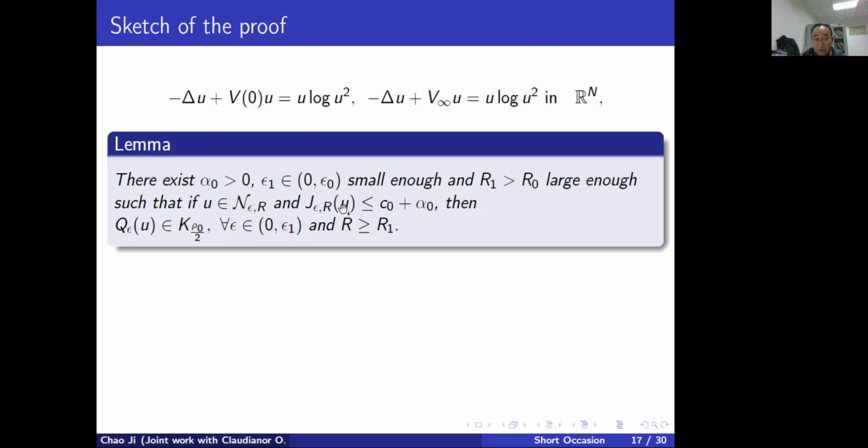If U is a solution on a ball, lies in the Nehari manifold, and this inequality holds, so this U has a similar shape with the ground state solution of this equation. So this U also concentrates on a bounded domain.